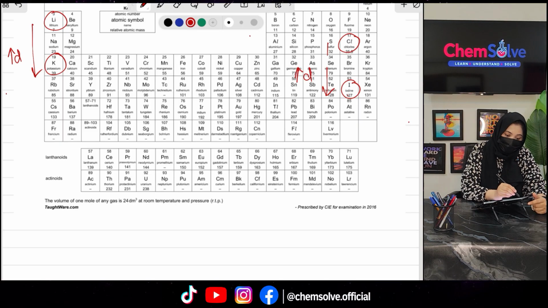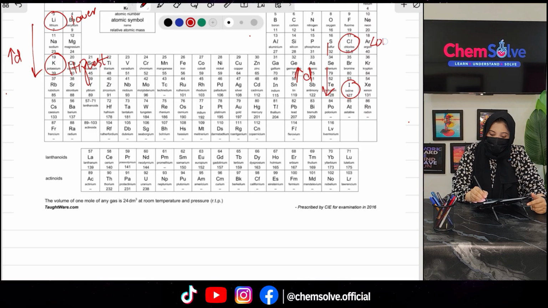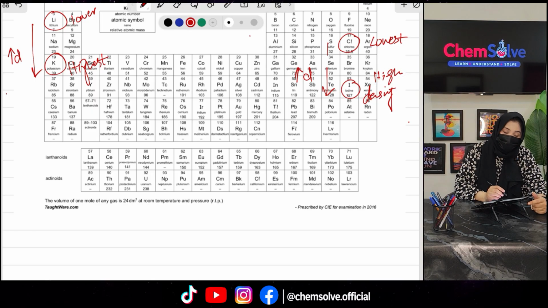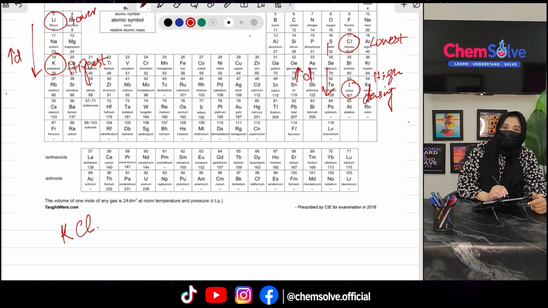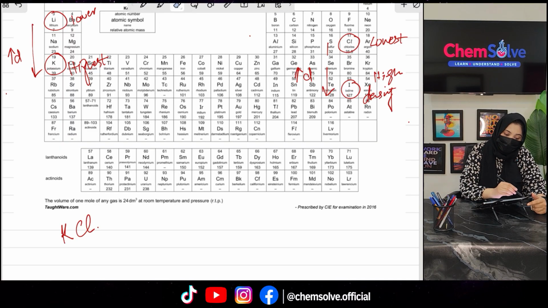So from group 1, the element of the highest density would be potassium, and from group 7, the element of the lowest density would be chlorine. So the option would be potassium chloride.